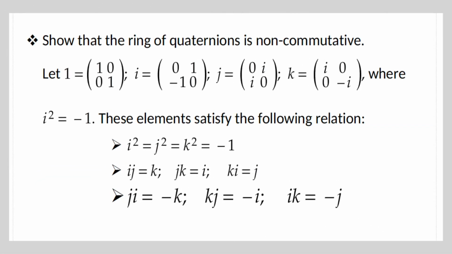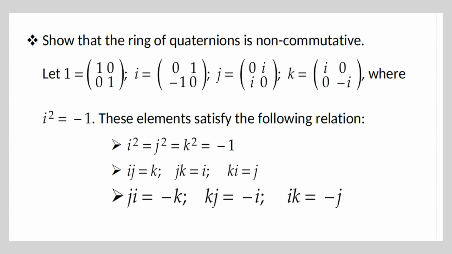Show that the ring of quaternions is non-commutative. Let 1 equal to [1 0; 0 1], i equal to [0 1; -1 0], j equal to [0 i; i 0], k equal to [i 0; 0 -i], where i square equal to minus 1.